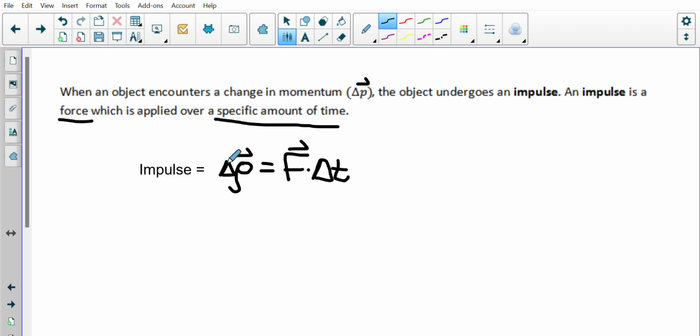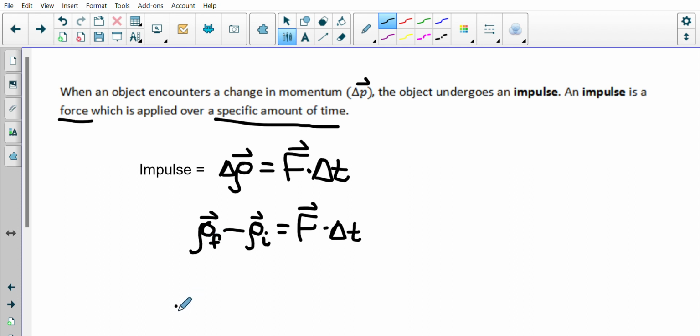Another way of looking at the change in momentum is that we can take the final momentum, rho f, minus the initial momentum, rho i, and that would be equal to F times delta t. I can even further break this formula down because momentum is mass times velocity.